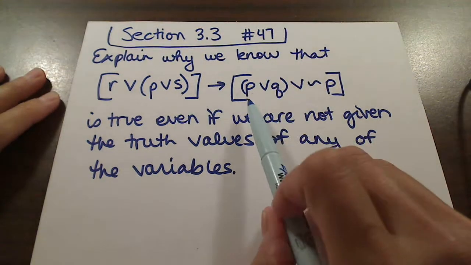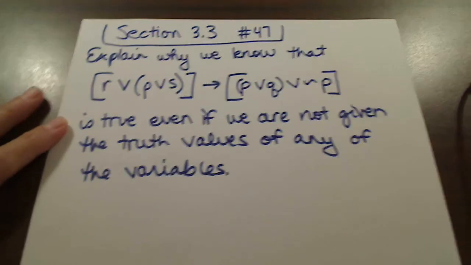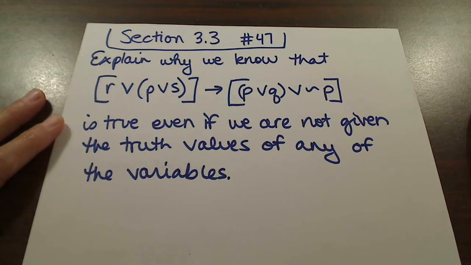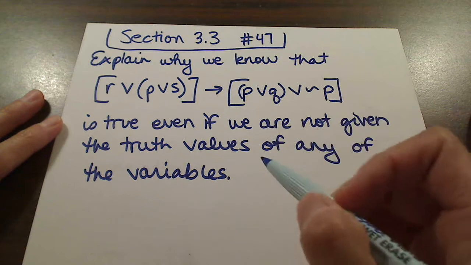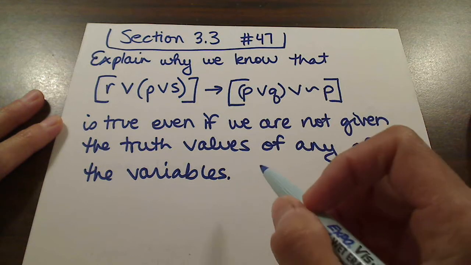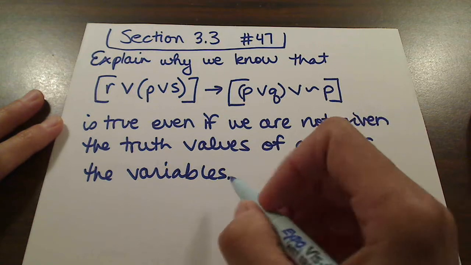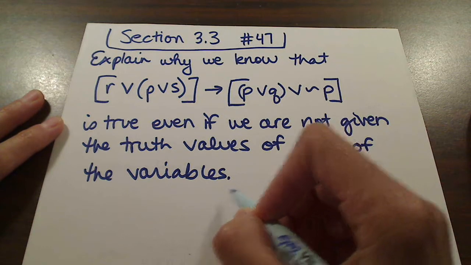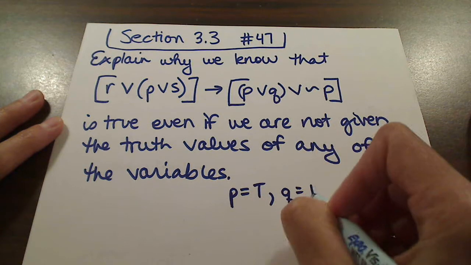And what I'm going to do is start with this second statement here and analyze it. We can just plug in various values to see what's going on. Let's start with the situation where P is true and Q is false.